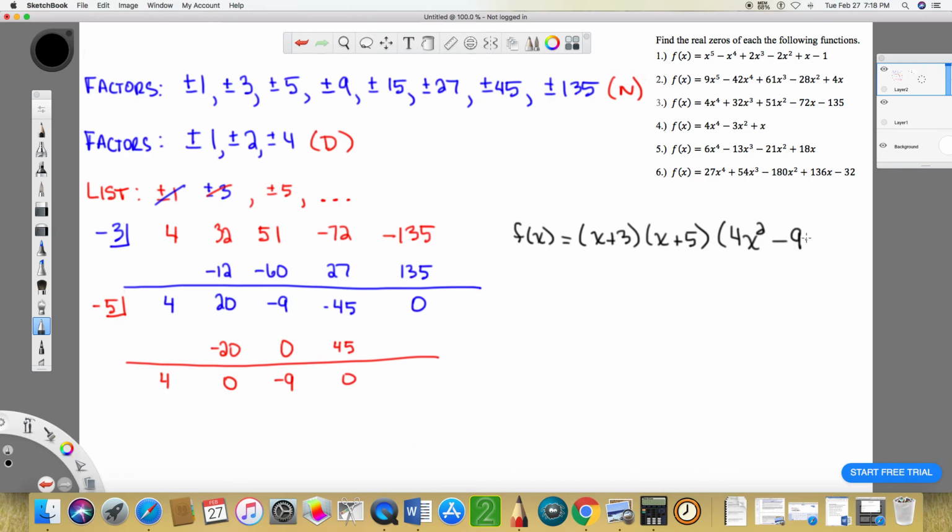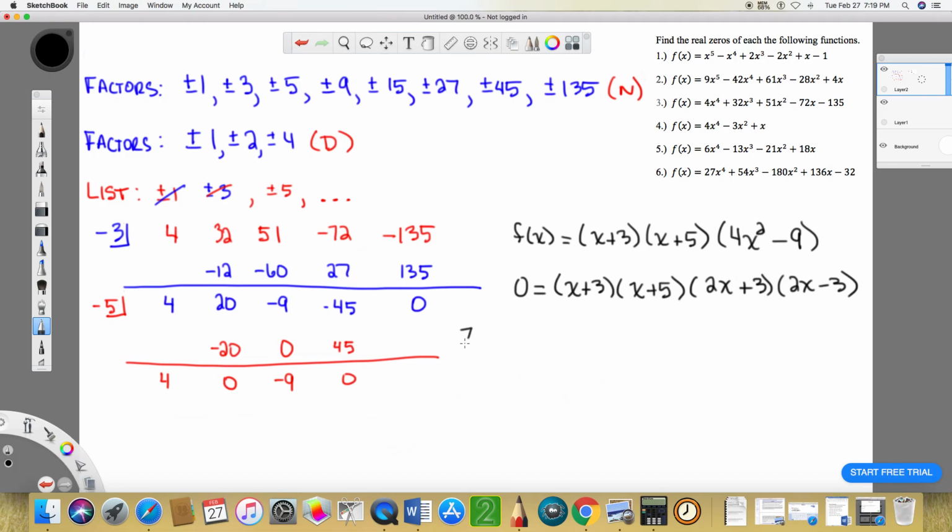Well, that's a difference of perfect squares. That's factoring a squared minus b squared to a plus b times a minus b. So we're ready to factor this completely. So this factors to 2x plus 3 and 2x minus 3.